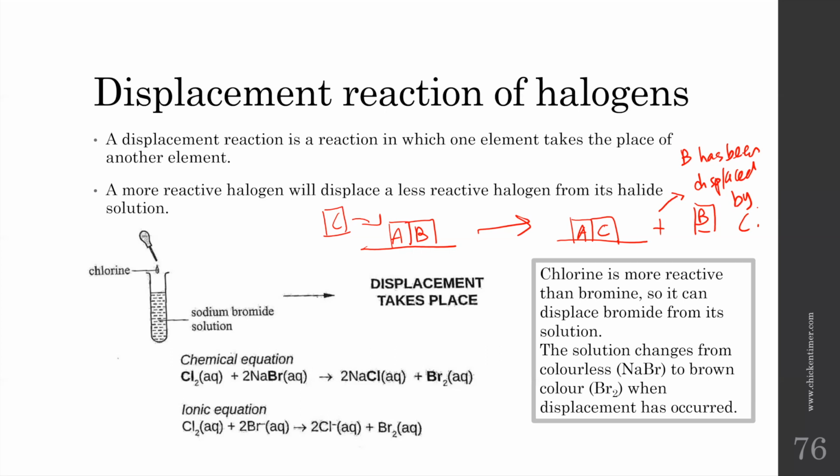So now our situation is like this. We look at my second statement: a more reactive halogen will displace a less reactive halogen from its halide. The example is below.